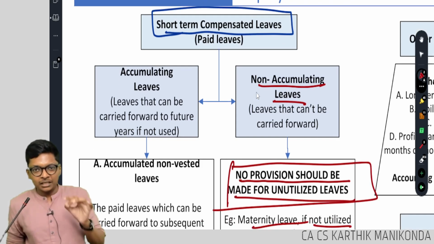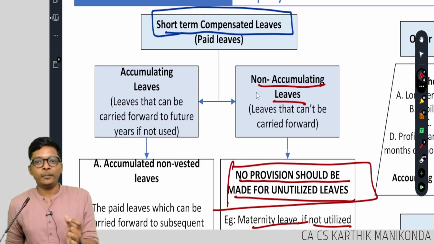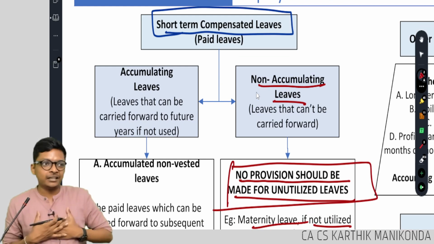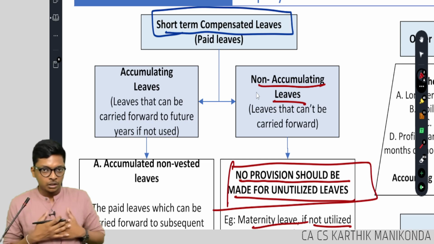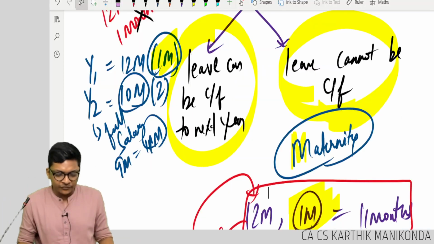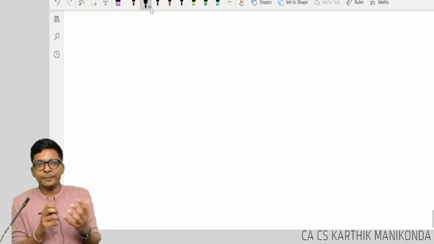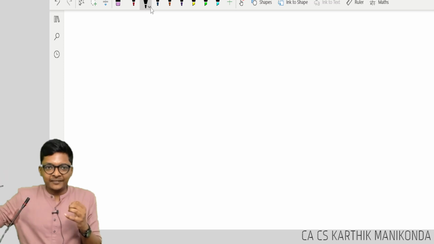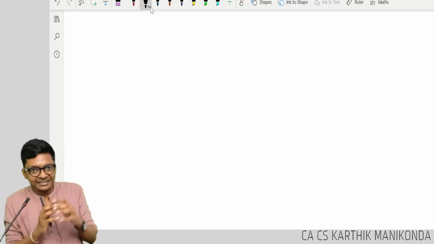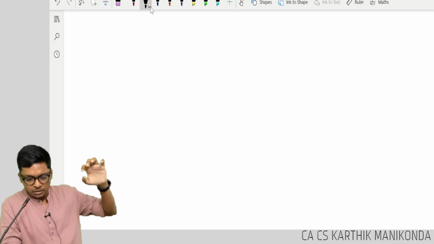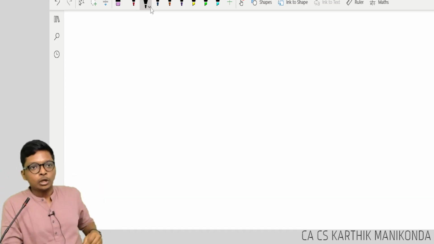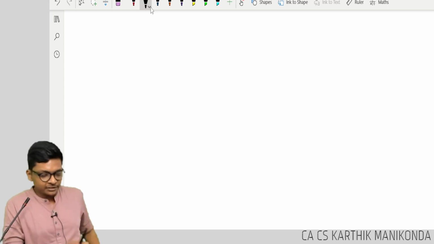Now we are entering the first complex part. Till here, the standard is easy. So let me revise the standard so far. We are only in short-term benefits now. Short-term benefits has salary and wages, bonus, and the third one, short-term compensated leaves.